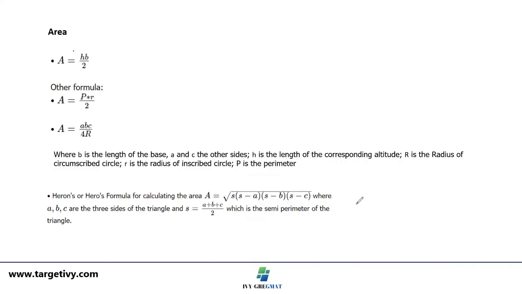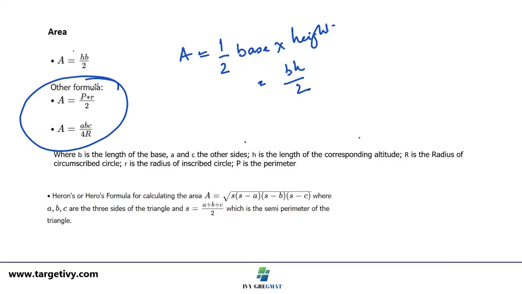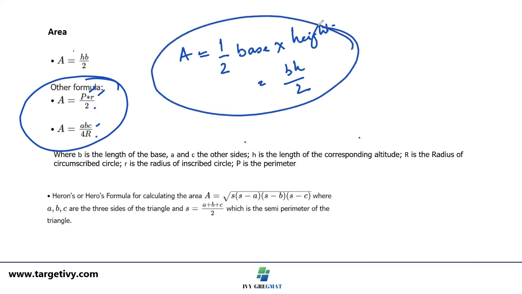With that understanding, in our exercise we basically require to find the area of the triangle, which is half of the base into the height, easily written as BH by 2. These two formulas, perimeter into r by 2 or abc by 4, are not really required. This will serve our purpose.